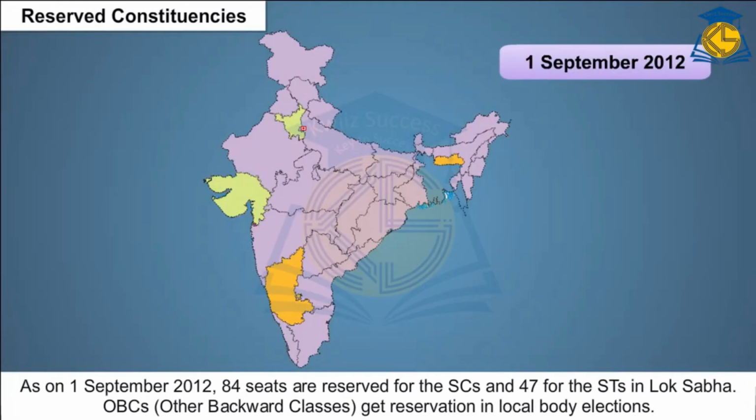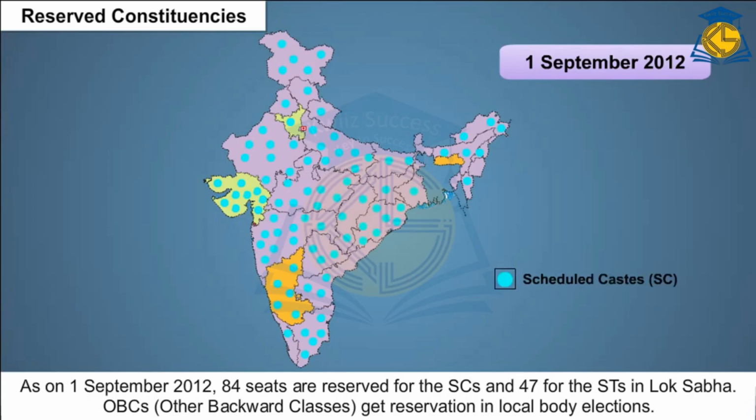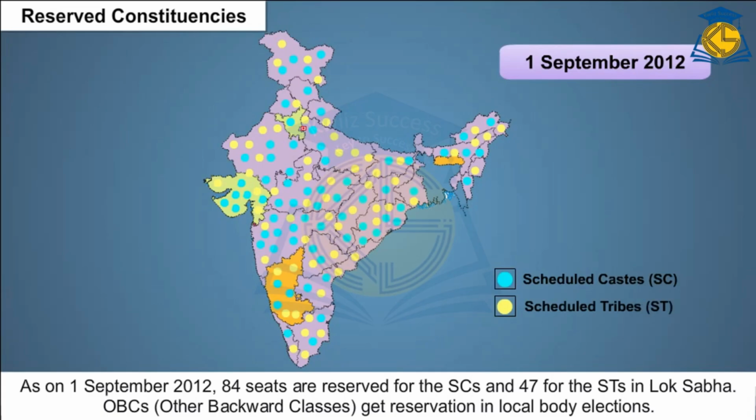As on 1st September 2012, 84 seats are reserved for the SCs and 47 for the STs in the Lok Sabha. OBCs or other backward classes get reservation in local body elections.